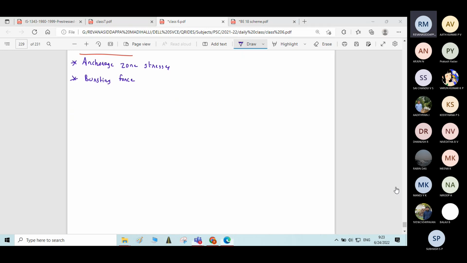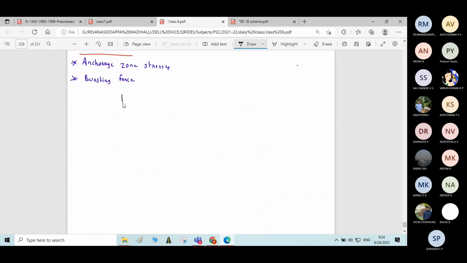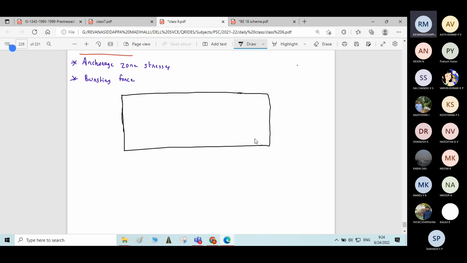Now let us see the meaning of anchorage zone. We all know that in case of post-tensioned beam elements, the pre-stressing wire will be stretched and anchored at the ends by using some anchoring devices with the help of an anchoring plate.